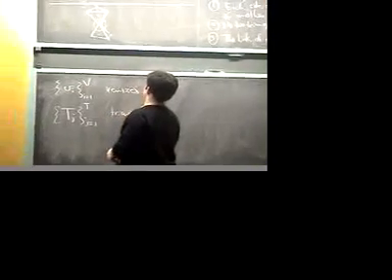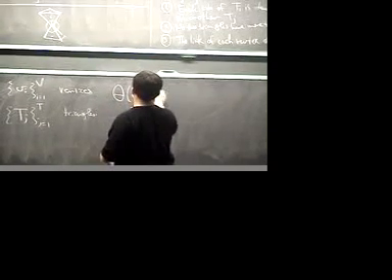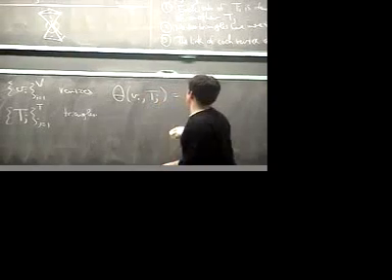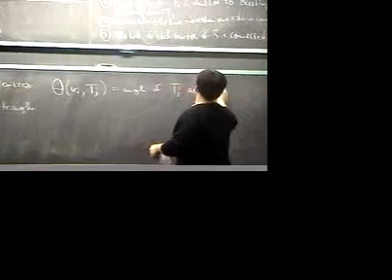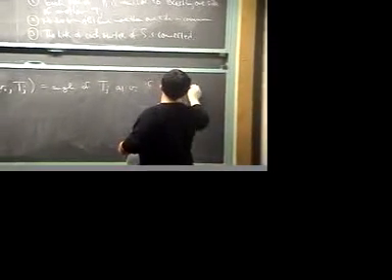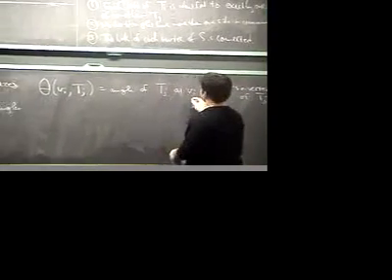Let V_i, i equals 1 to V, be the vertices, and T_j, j equals 1 to T, the triangles. Now let theta of V_i, T_j equal the angle of T_j at V_i if V_i is a vertex of T_j, and 0 otherwise.